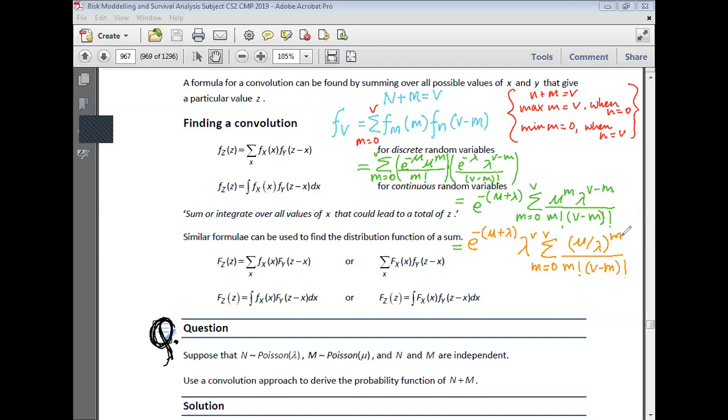The very unique feature you see within the summation part is that you're summing across m, and in the denominator you have m factorial times some constant minus m, and then again factorial, right? So just have a look at all the distributions in the table booklet and see if any of them match with what you have.